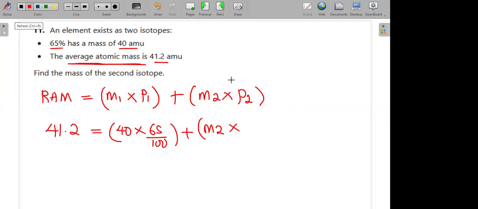And anyone who can help us, how do we get the percent for the second isotope? You can just unmute your mic and then answer. Since we've just been given 65% and this element consists of two isotopes, how do we get the percent for the other one?